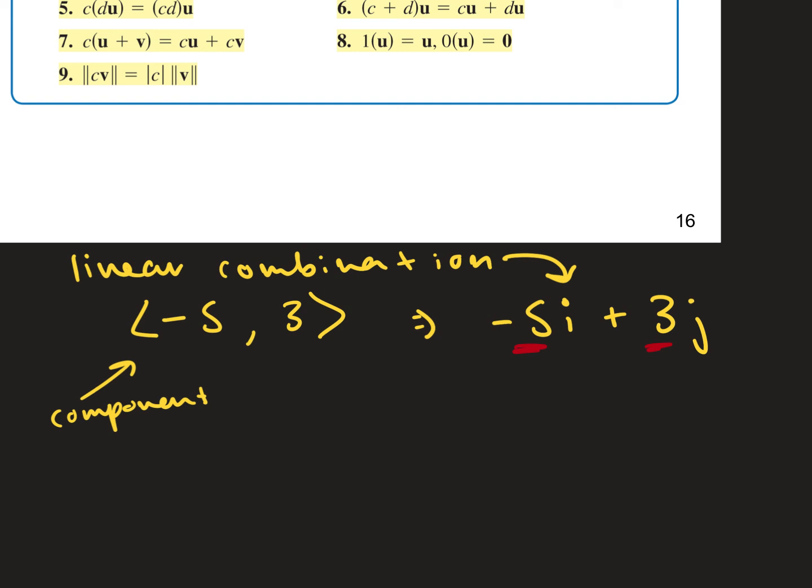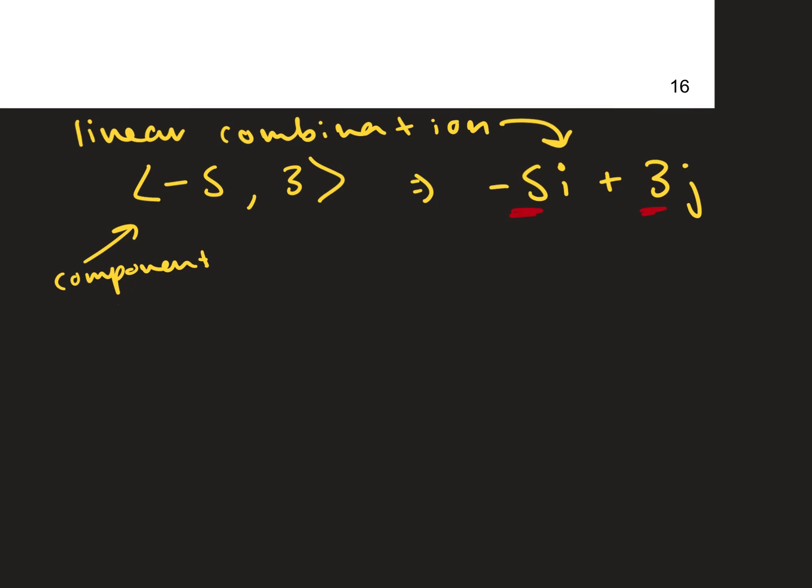And you don't put the arrows? Not in linear combination form, no. So you literally just put an i and a j behind them? Yeah. So if it gives us the linear combination, let's say i minus 2j, what would you say our vector in component form is? 1, and then -2.